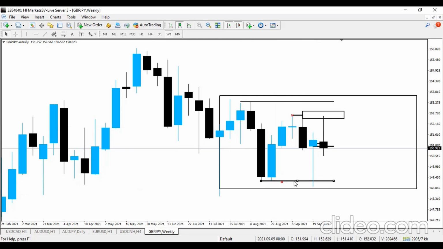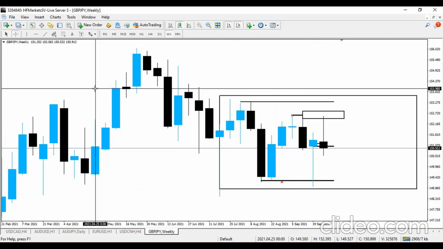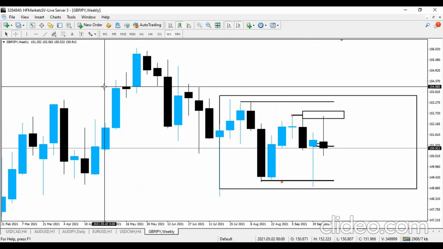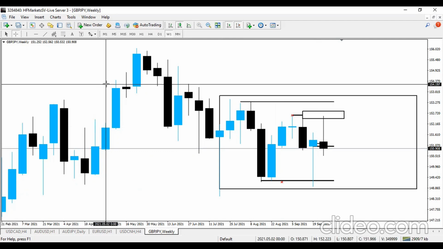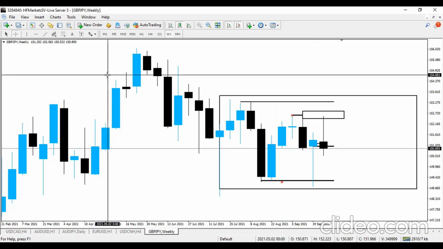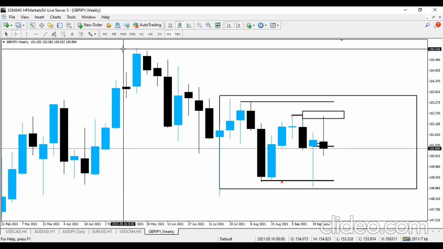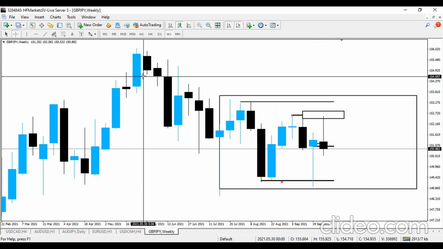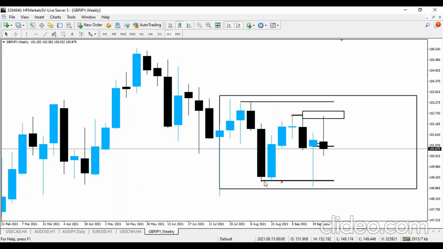Remember what I said about double bottoms and double tops. If you've not seen that video, you can go to my playlist and see the videos that I made on double tops and double bottoms, where I talked about how to spot liquidity. You can see what they did. They came back to this region, they tapped out liquidity and they reversed.